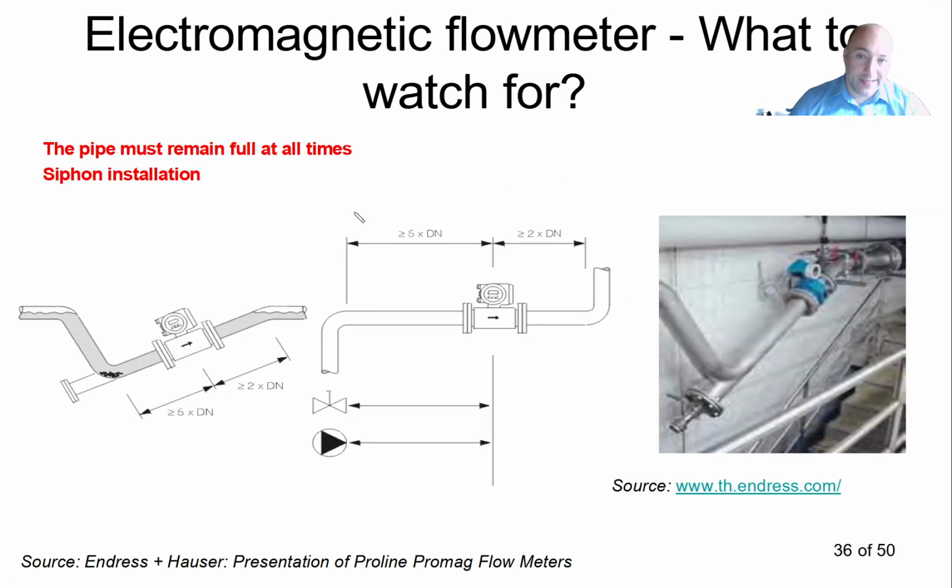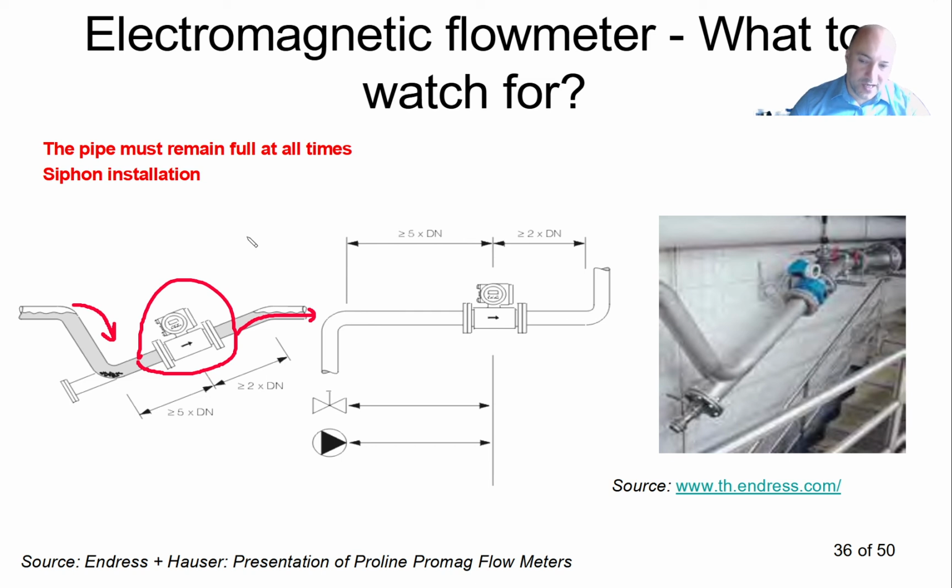So the recommended installation looks like this. If you have a horizontal pipe and you need to measure the flow rate in there, you need to bend the pipe downwards like this. Then you install your flow meter and then you continue in the pipe.